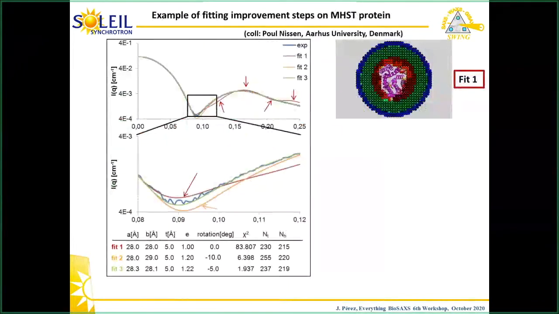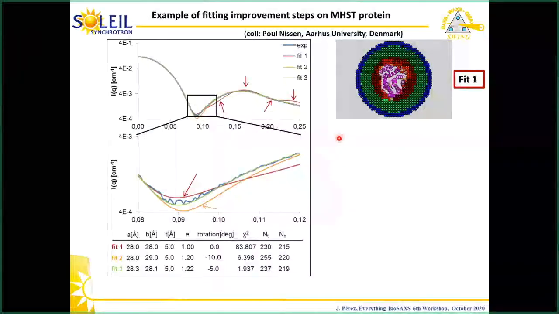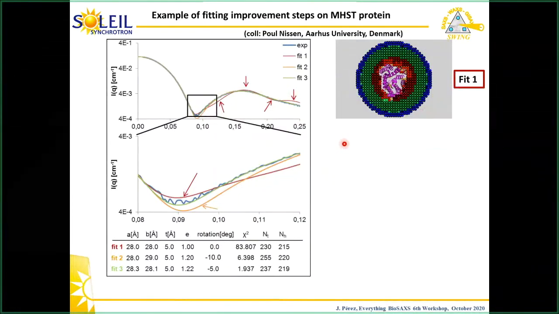So this is exemplified here, where we made this strategy of thinner and thinner steps. So first, the first fit was, as I said, using steps of 1 angstrom. And the best model that we got corresponds to the red curve here.